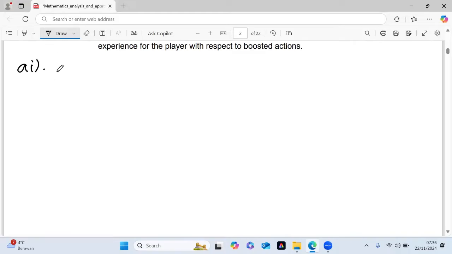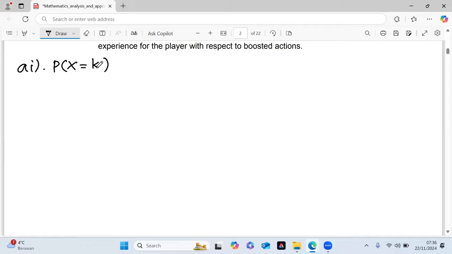Part one. I would like to start with probability X equals k. We can model this situation using a geometric distribution.